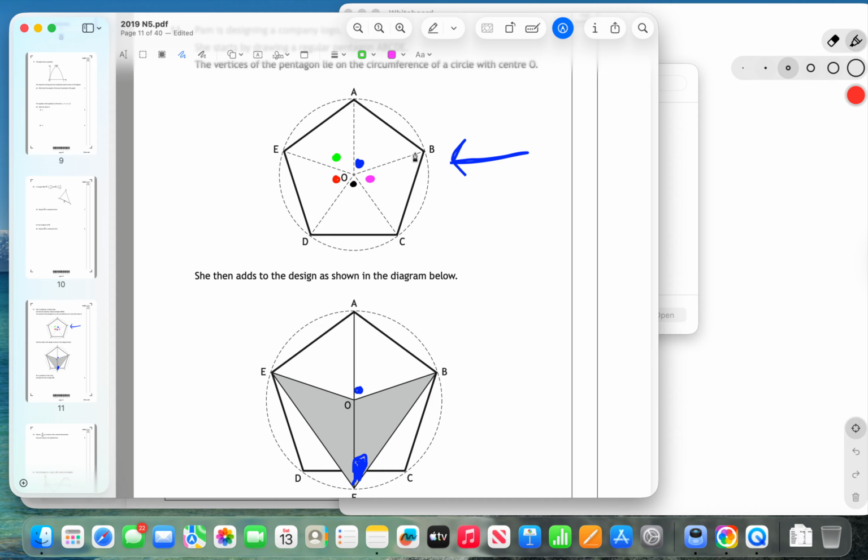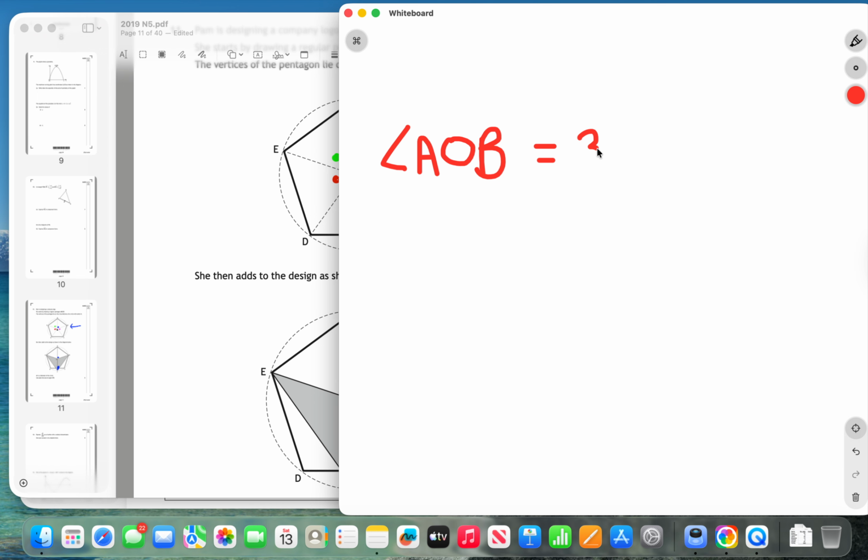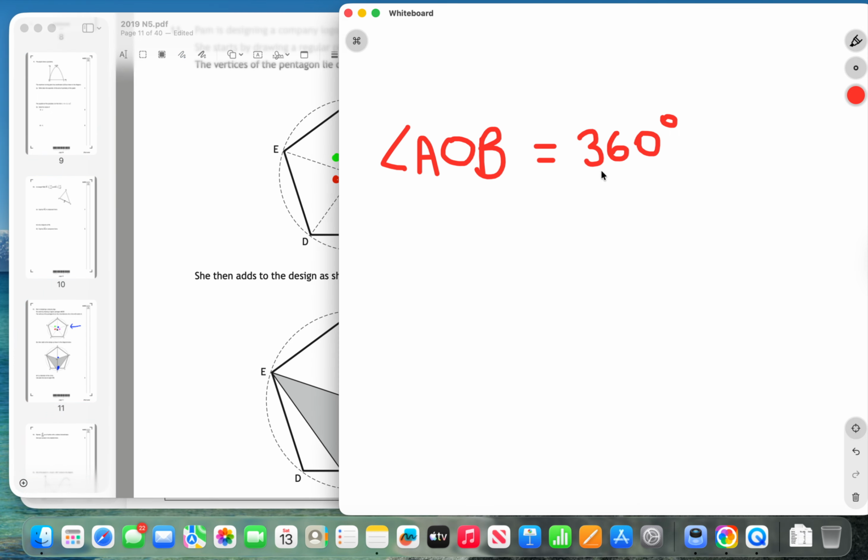So if they're all the same, then AOB has to equal 360 divided by 5, because the total angle around the entire point is 360, and that gives 72.